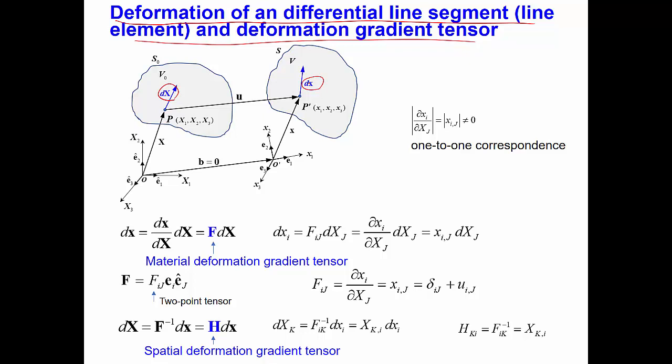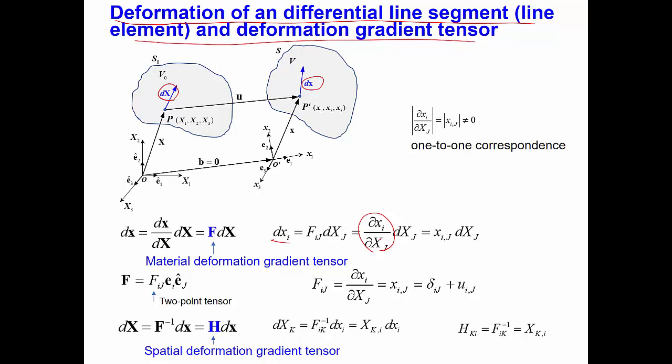Of course, you know the x in material description is a function of the material coordinates, large X. And so we can apply the partial differentiation of the spatial coordinate with respect to the material coordinates.